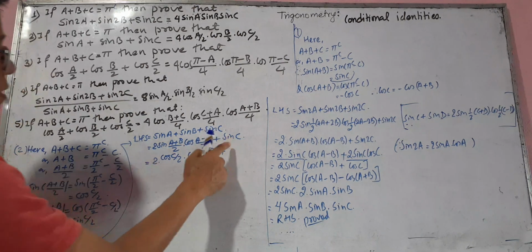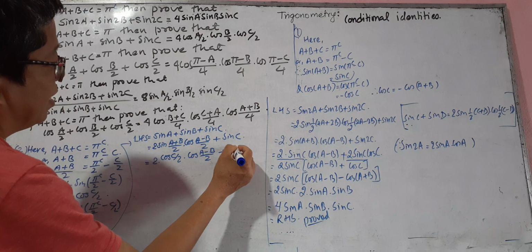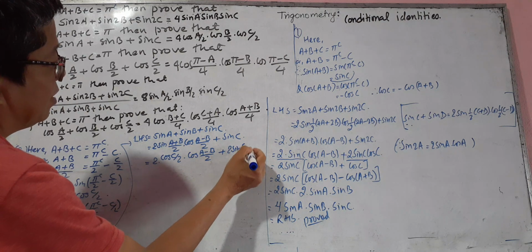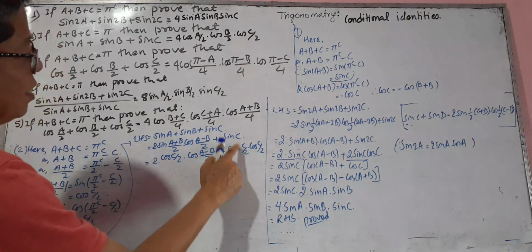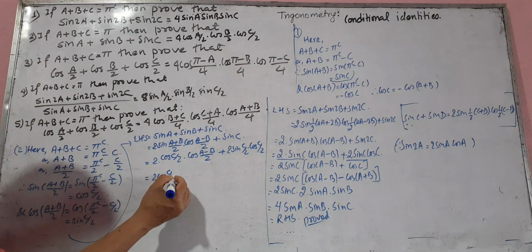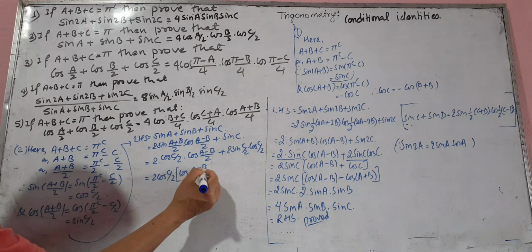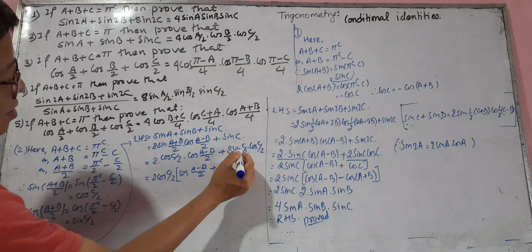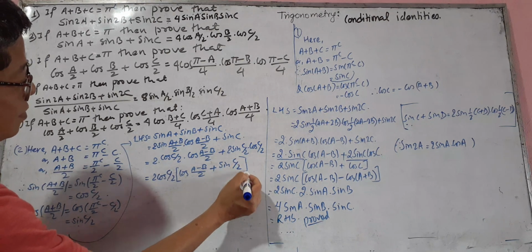So we use the submultiple formula of sin C. Sin C is equal to 2 sin C by 2 cos C by 2. So we have a common 2 cos C by 2. So we are left now with cos (A minus B) by 2 plus sin C by 2.